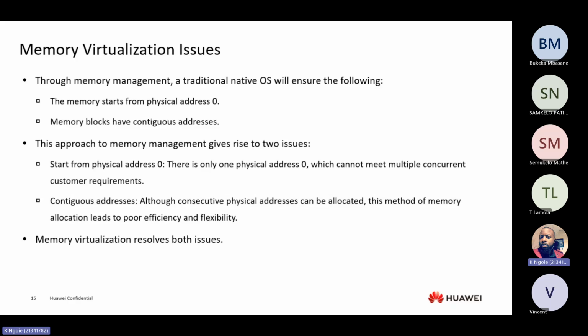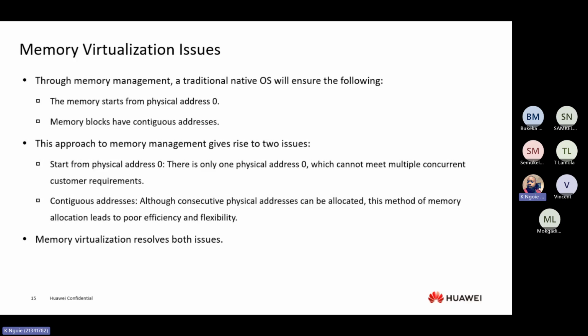Why? Because in the traditional system that we have, the operating system will try to allocate blocks of memory. For example, you have 1 gig from address 1000 to address 2000. So there will be 1 gig allocated to that.